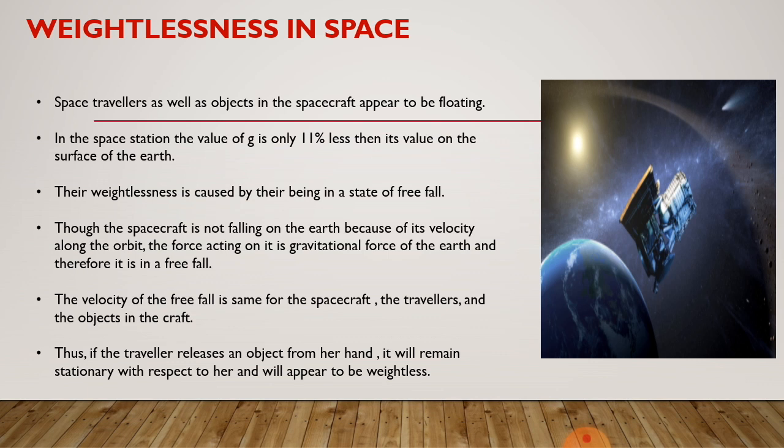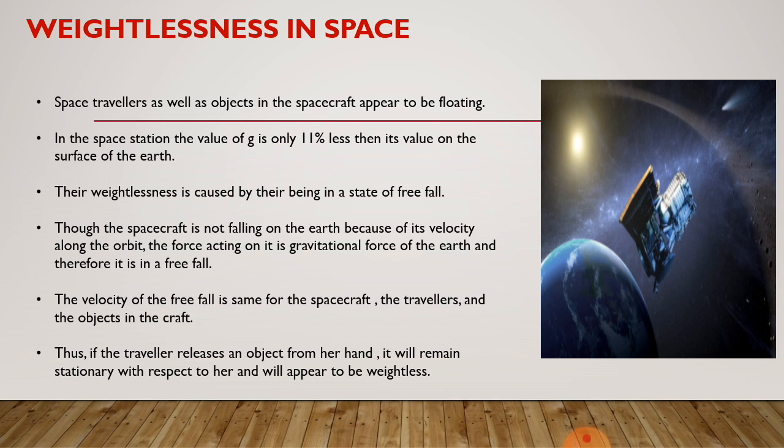The spacecraft is not falling on the earth because of its velocity along the orbit. The force acting on it is the gravitational force of the earth, and therefore it is in free fall. The velocity of the free fall is the same for the spacecraft, the travelers, and the objects in the craft.